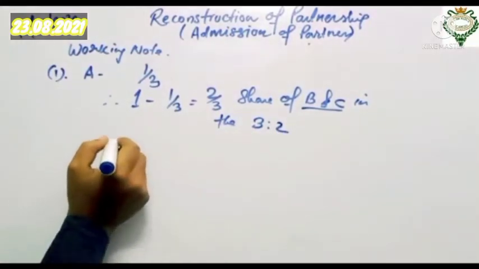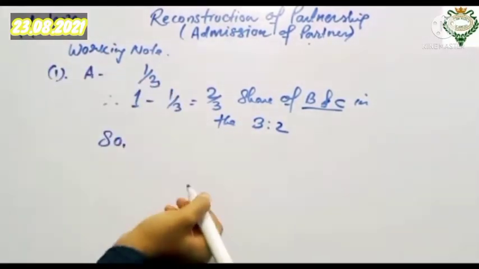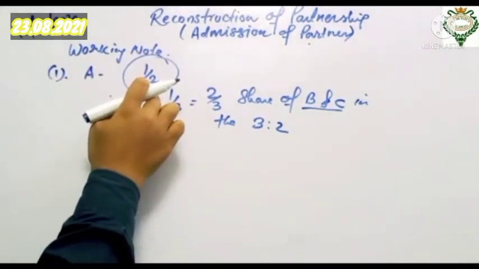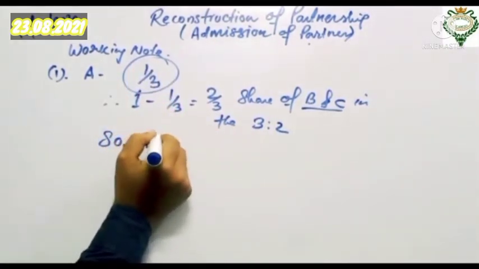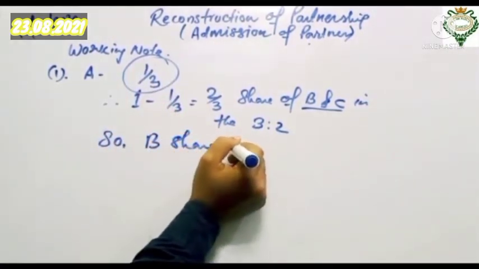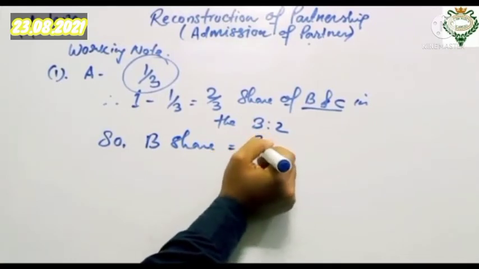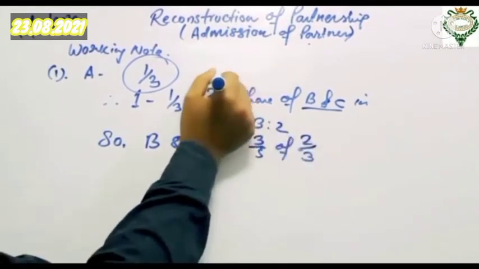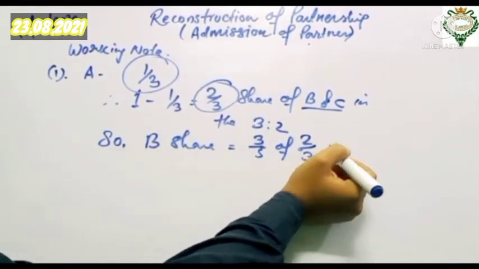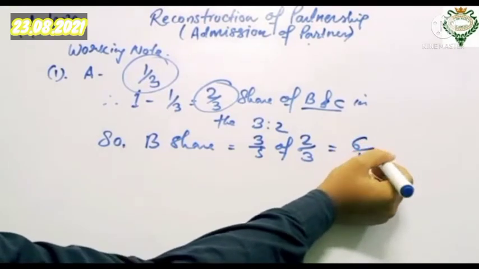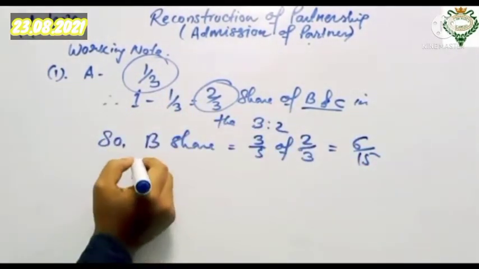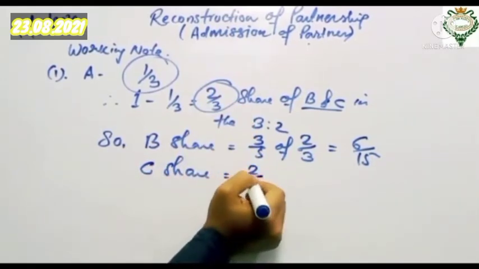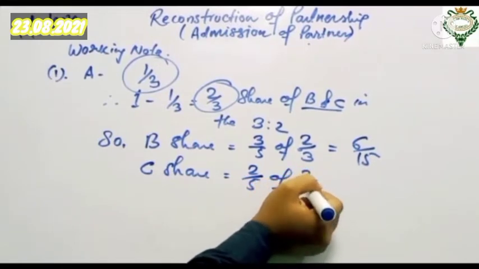Afterwards we are finding the new ratio after admitting A with a profit share of 1/3. That means B's old share is 3/5 and 2/3 is the new share, so his ratio is 6/15.